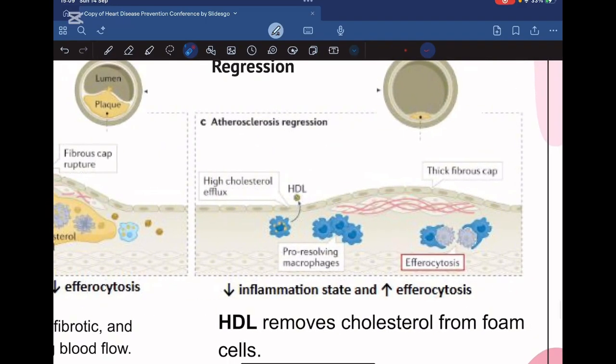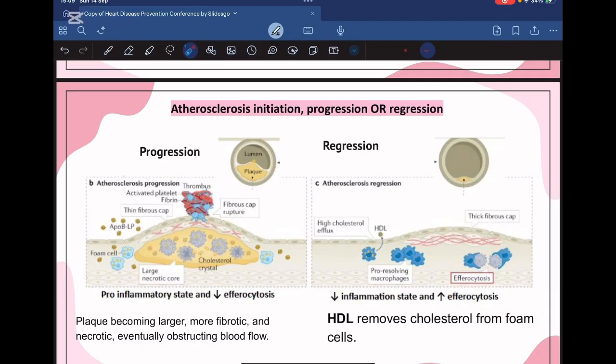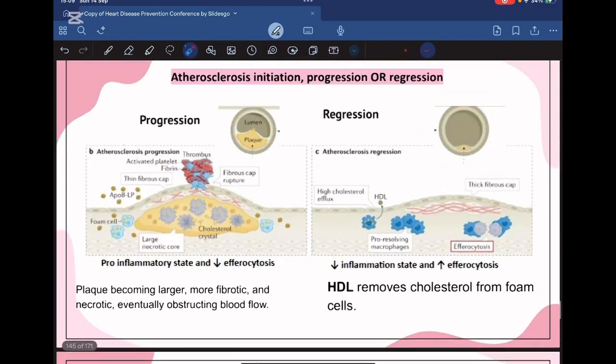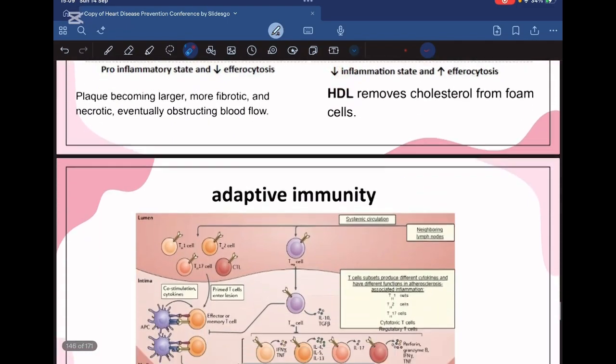Atheroscytes is cleaning the area, basically taking any أوساخ, and this will lead إنه هاي البليك start to get smaller and smaller and reduced until it will heal eventually.